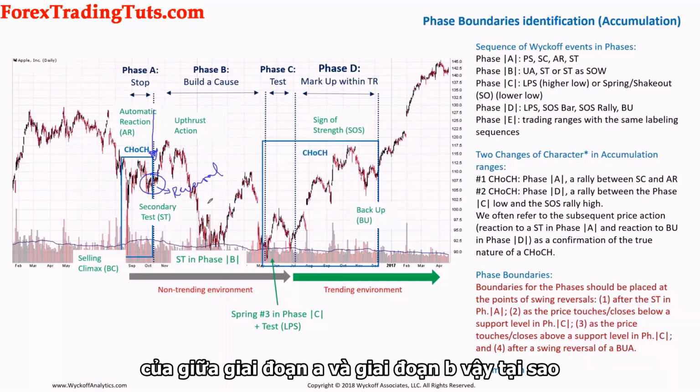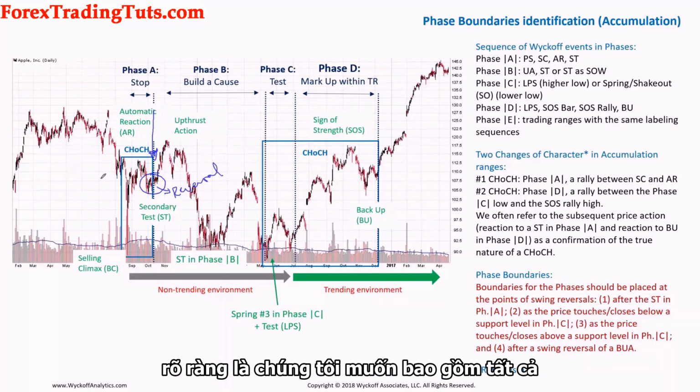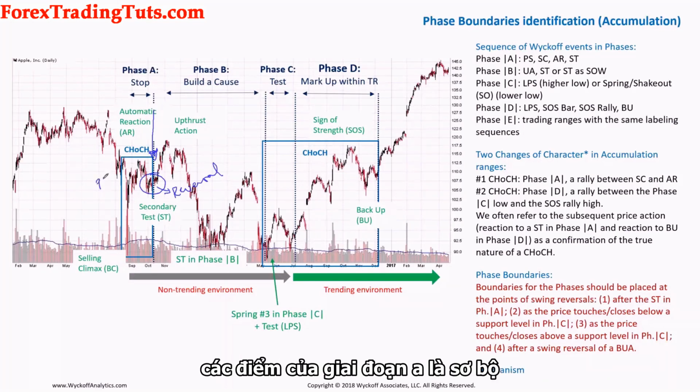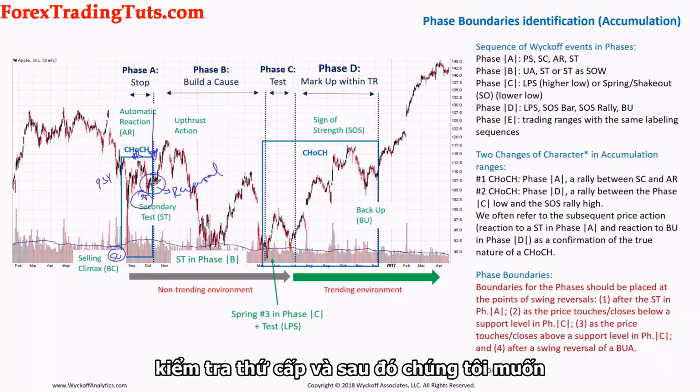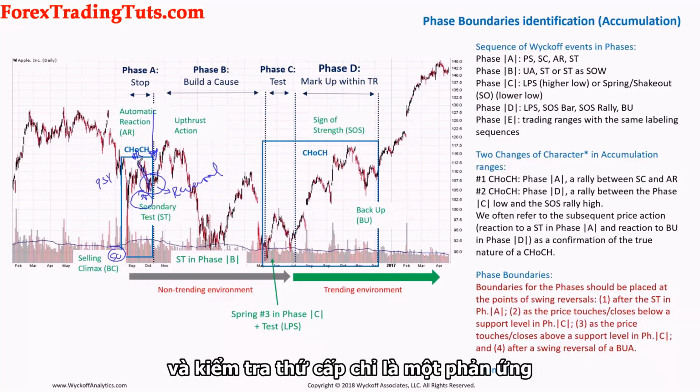So why would we do it like this? Well, obviously we want to include all of the points of phase A, which is preliminary supply, selling climax, automatic rally, secondary test. And then we want to identify the ending of the secondary test. And a secondary test is just a reaction.